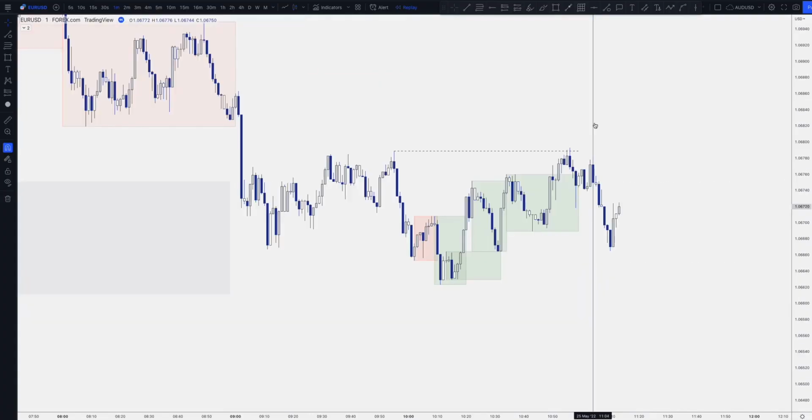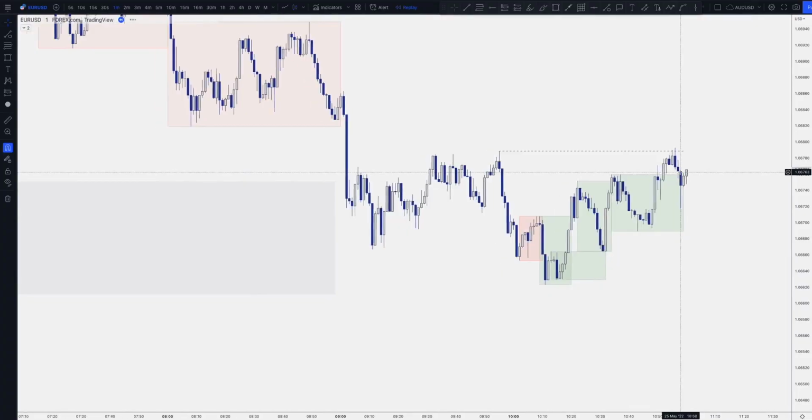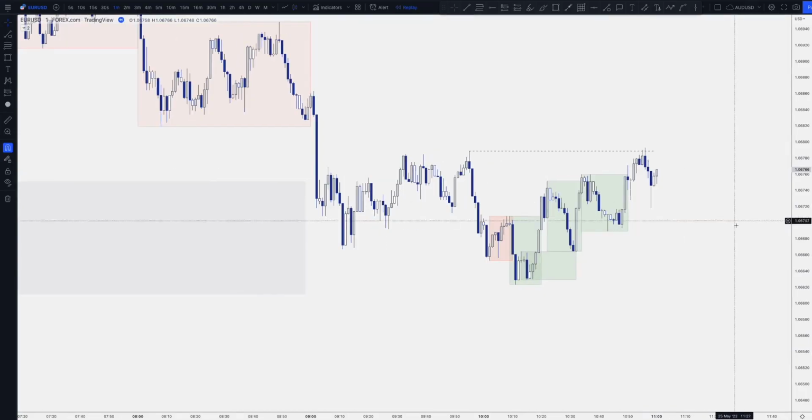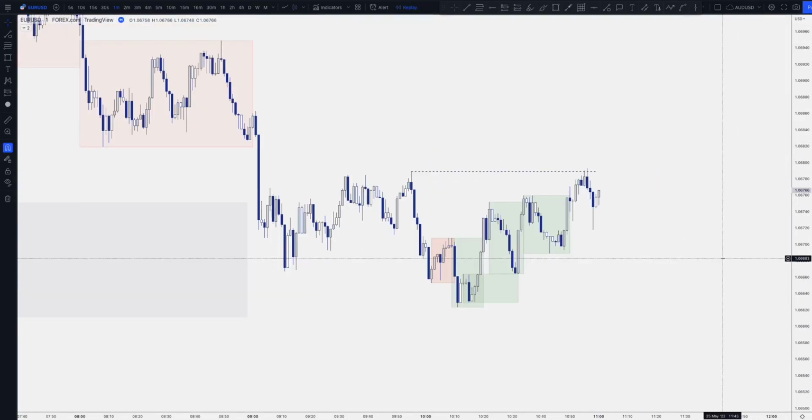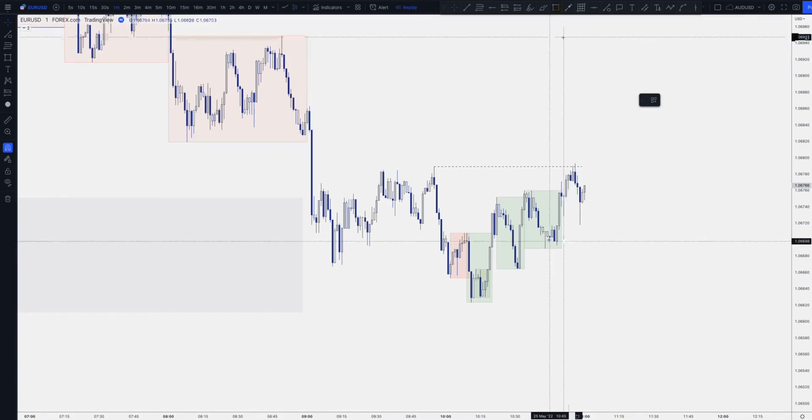So at this point here, we had the bullish M15 shock, right? Now, if you're going to look for longs, you have kind of 3 levels in terms of POIs that you could look at. You've got this unmitigated level here.